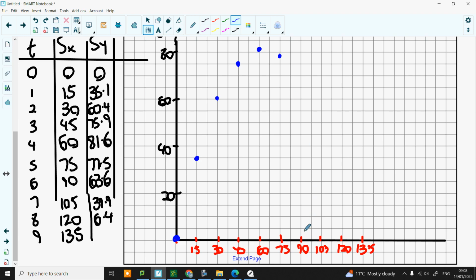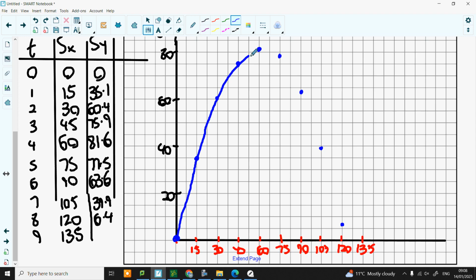For 75, yeah. Okay. 90. Less than 65, yeah. Next one. 9.9, this is very similar to 40, isn't it? 120 and 6.4 is a little bit above 5, and then done.